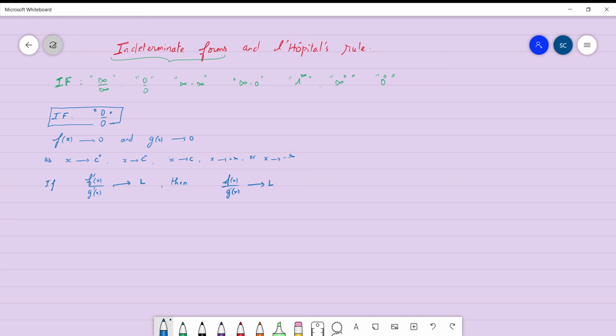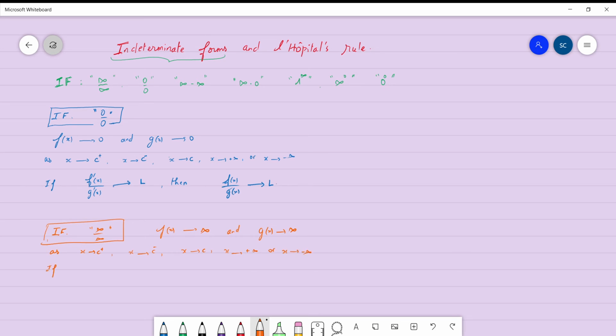Similarly, the second situation of L'Hopital's rule is the following. You have the indeterminate form infinity over infinity, that is, f of x approaching infinity and g of x approaching infinity as x approaches c from the right, c from the left, c, plus infinity, or minus infinity.